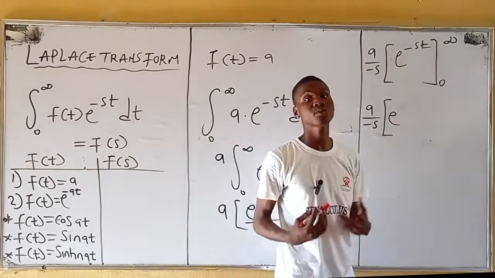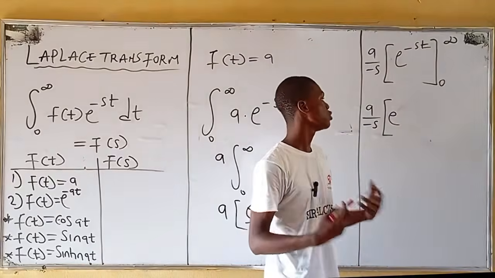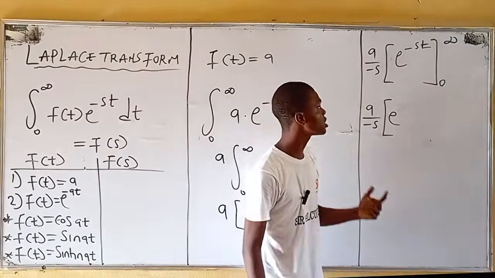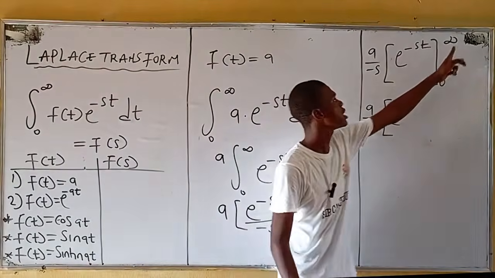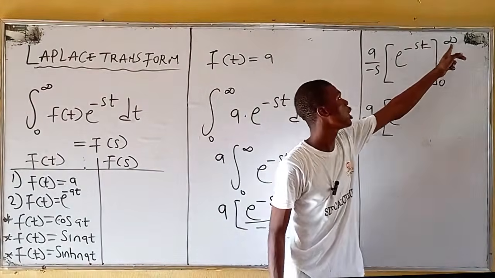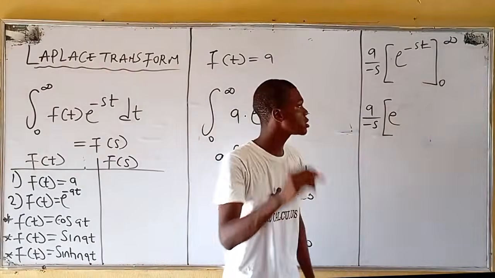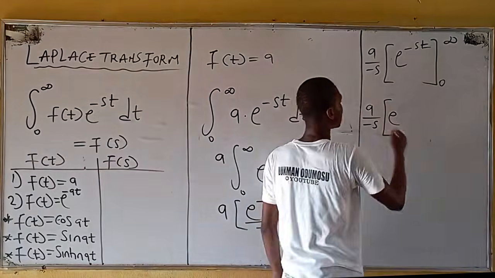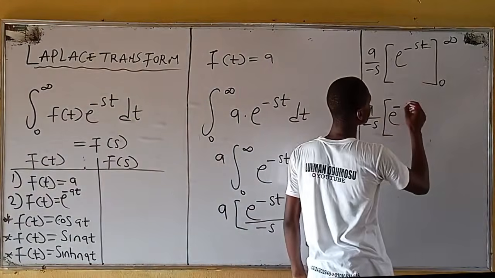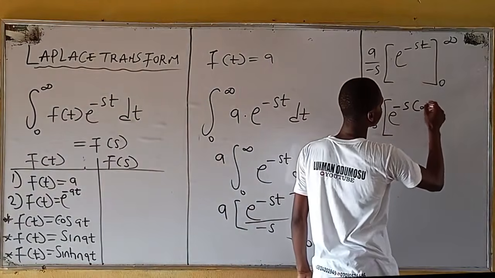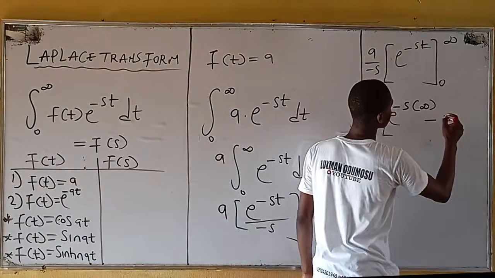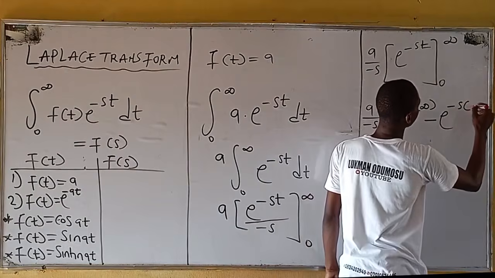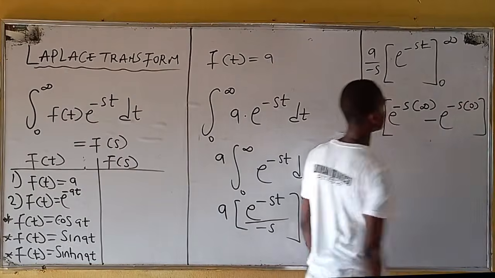I believe you know how a definite integral works. Take the upper limit, substitute it anywhere you see t, then minus the lower limit, which is 0. So I'm having exponential negative x times infinity, minus exponential negative x times 0, then close your bracket.